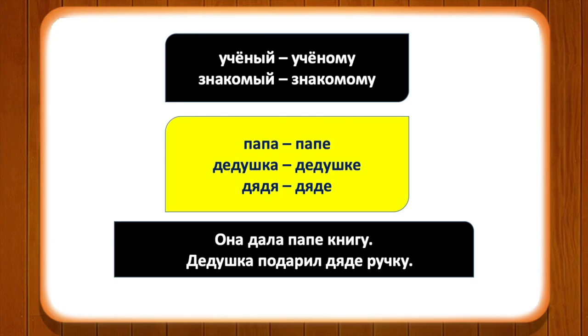Another example of verbs, like дать, to give, and подарить, to gift, are also used in dative case. We have seen the case system where the dative case has some different kinds of verbs. The first one was писать, to write, second one was звонить, third one is дать, and the fourth one is подарить, to gift.